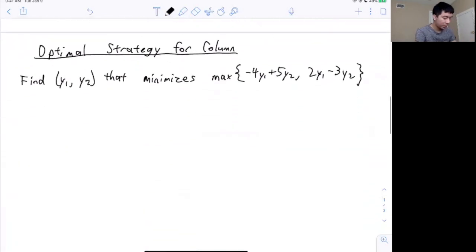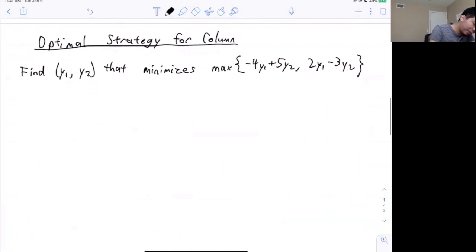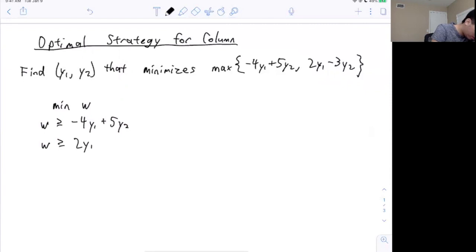Okay. So now, again, we can write a linear program for this. Instead of maximizing now, we're going to minimize another variable, let's call it w, where w needs to be greater than or equal to both of these values: negative 4y1 plus 5y2, and 2y1 minus 3y2.